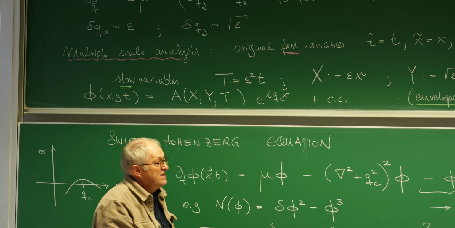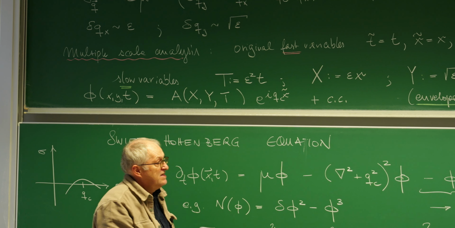Then on the right-hand side, I get a term which is epsilon squared mu twiddle phi. It's again just this term. I write my mu as epsilon squared times mu twiddle. Mu twiddle is order 1. Epsilon squared is my bookkeeping parameter, and I write phi. Well, it goes on like so.